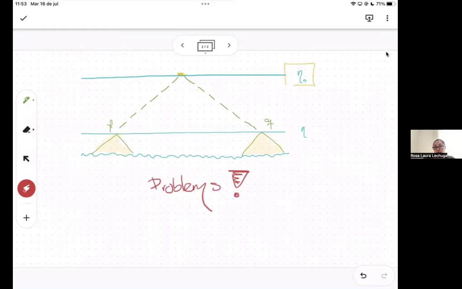It seems that they should be in causal connection, but they were not, according to the cosmological model at that time.